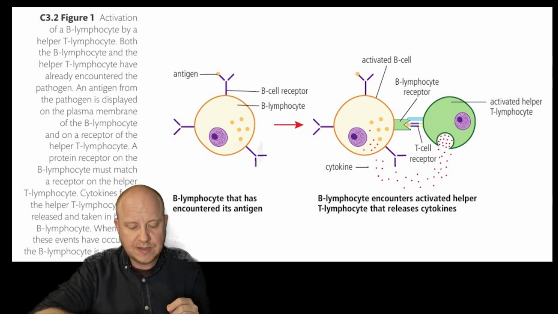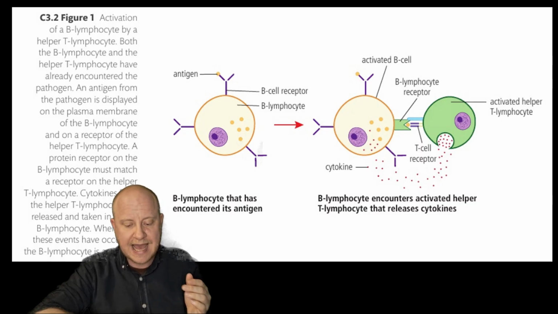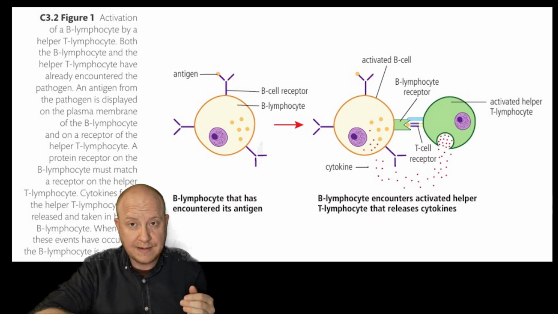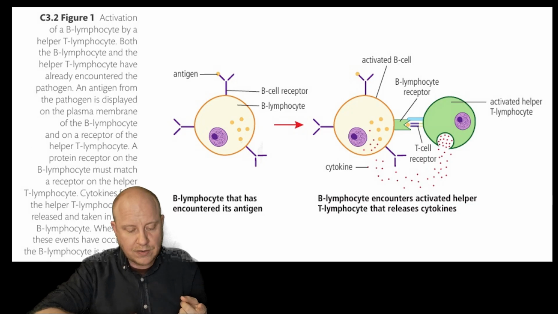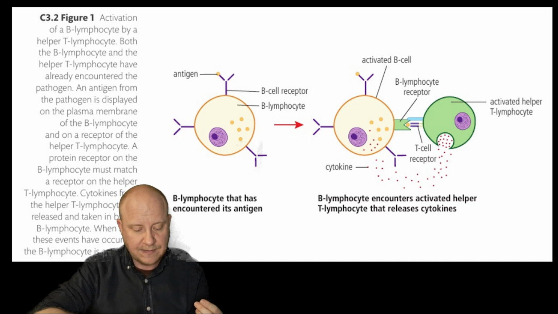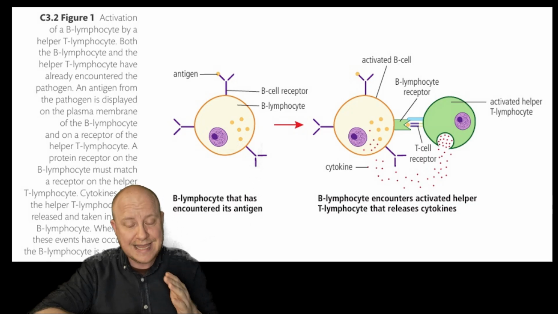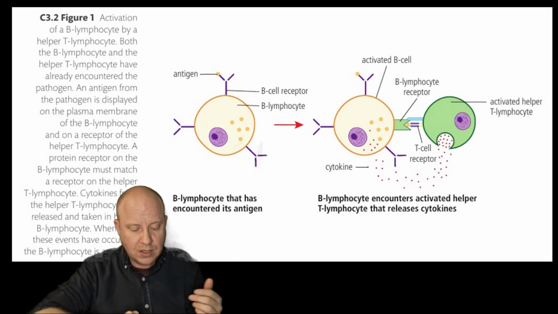Each type that produces a specific antibody must be activated before it can make antibodies. Activation requires exposure to an antigen of the pathogen and also exposure to an activated T lymphocyte that is displaying the antigen and releasing chemicals called cytokines. Some B lymphocytes are long-lived and are called memory cells.